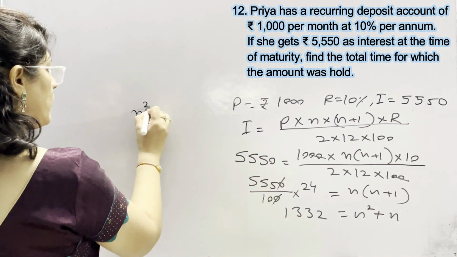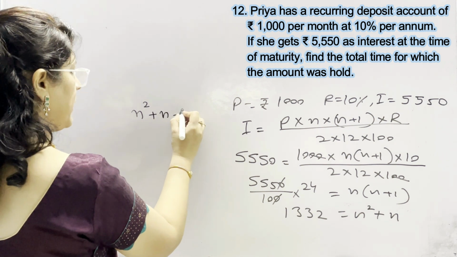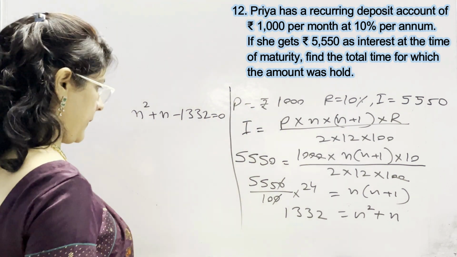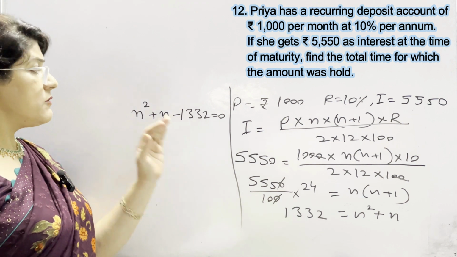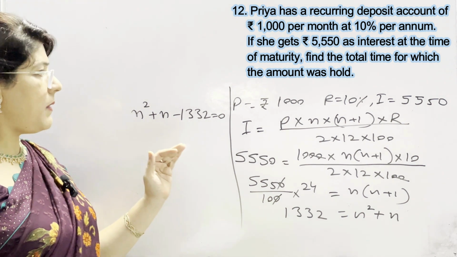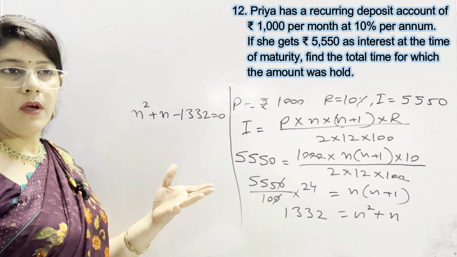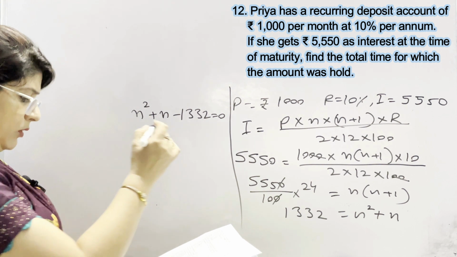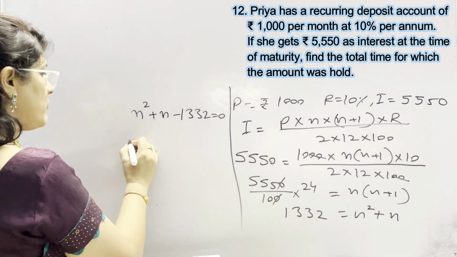So the quadratic equation we need to solve for time is N square plus N minus 1332 equal to 0. For solving this quadratic equation, keep one thing in mind so that our factors come out to be only 24 or 36 or 12, because they are multiples of 12. By dividing 1332 by 36, we will get the factors very easily.